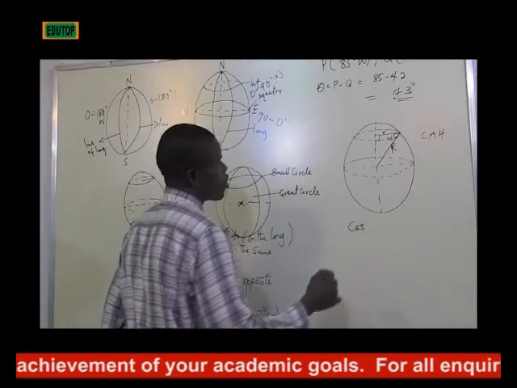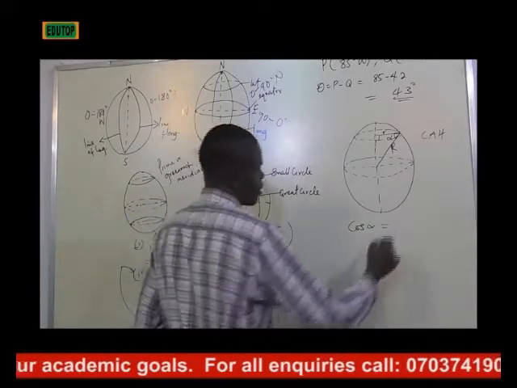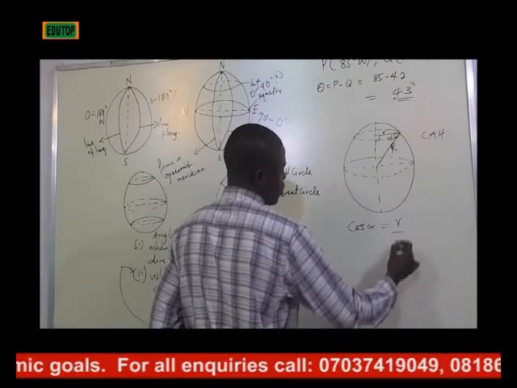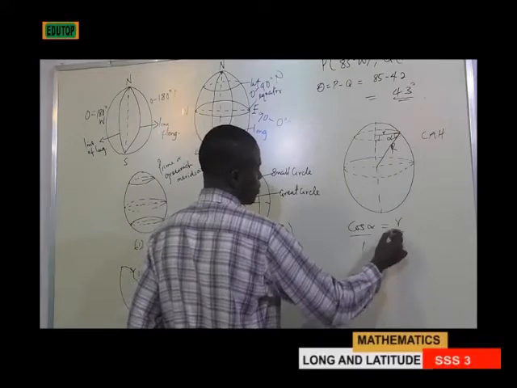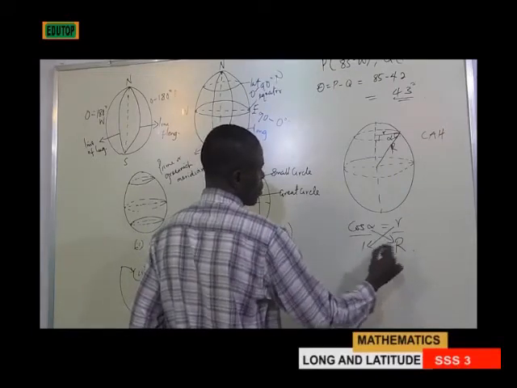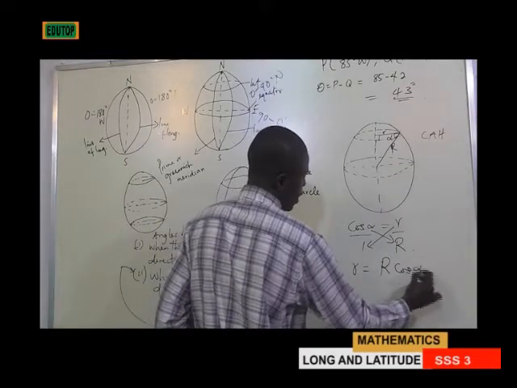So we have cos alpha will be adjacent r over hypotenuse capital R. Then when we cross multiply this, we have r equals R cos lat.